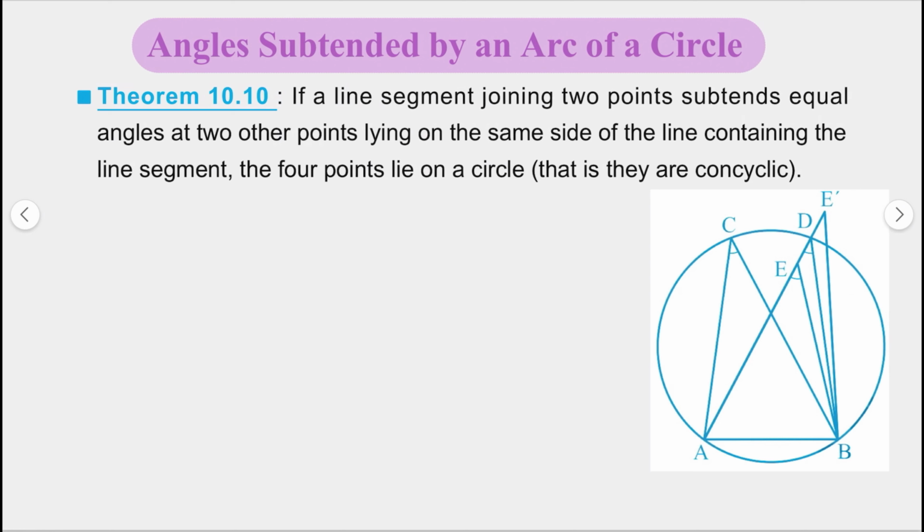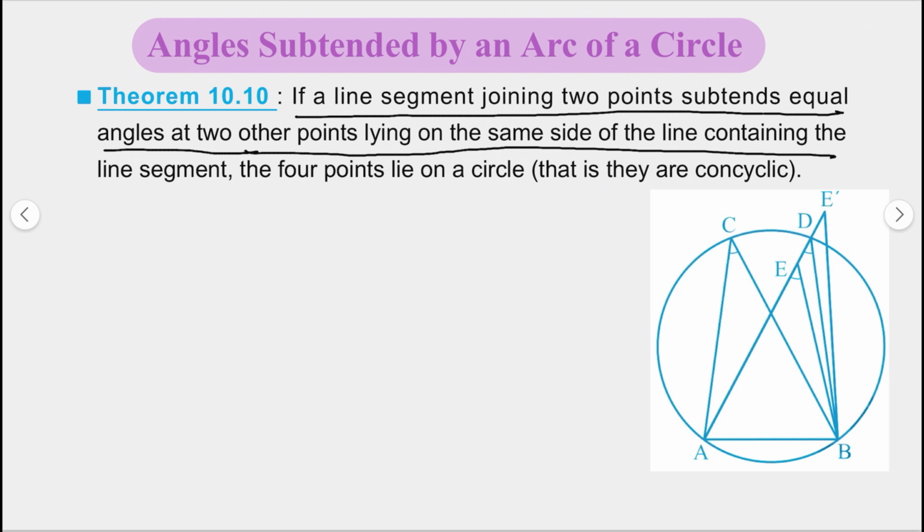Now moving ahead to the next one, we have theorem 10.10. The statement of the theorem is, if a line segment joining two points subtends equal angles at two other points lying on the same side of the line containing the line segment.